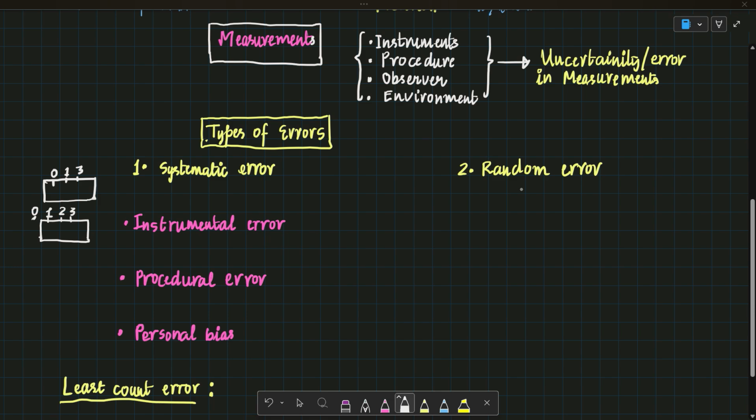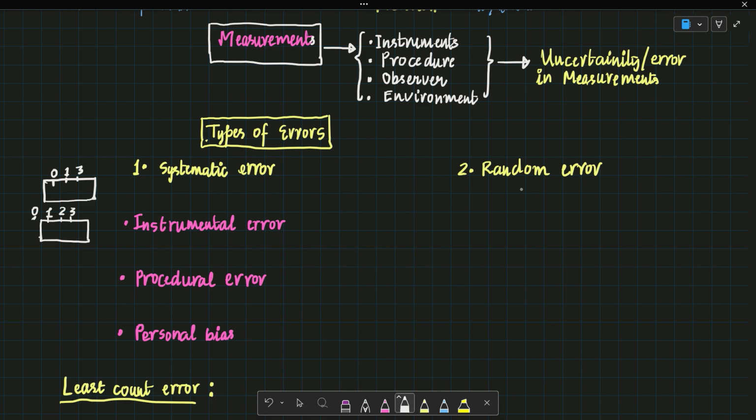So we have discussed that in every measurement there is always some error, because all measurements essentially have these four constituent parts, or you can say these four factors.